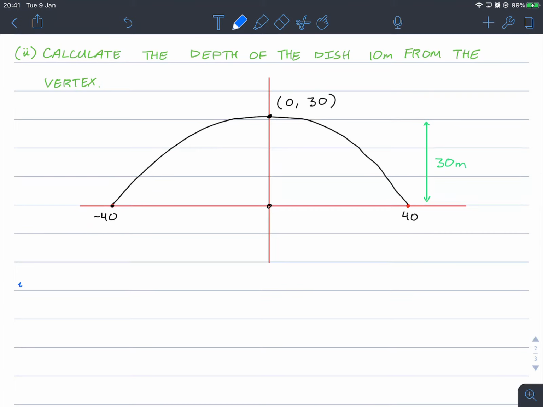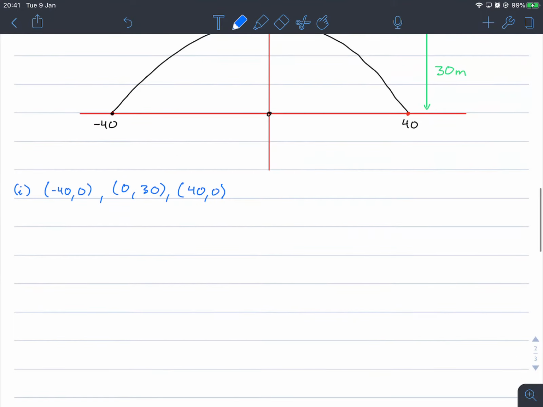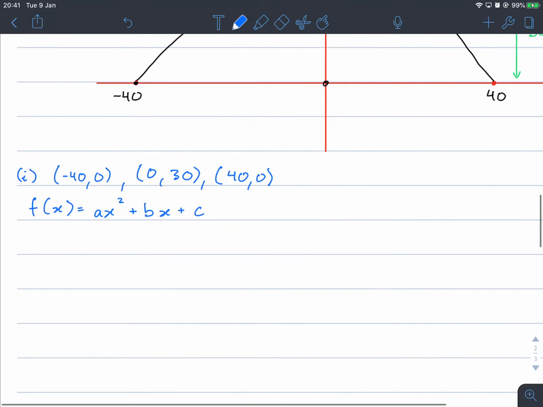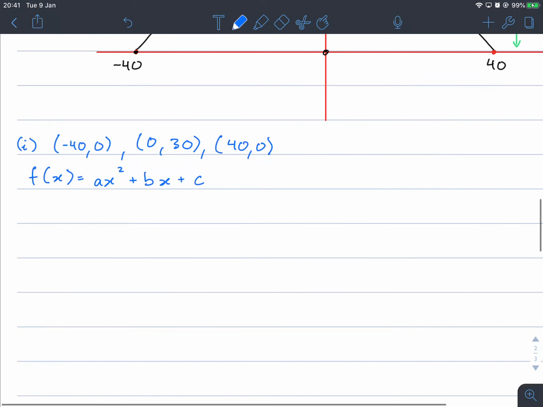Here's my solution to question 1i. We have the points negative 40, 0, because this point here hasn't moved up or down. We have the point 0, 30, and we have the point 40, 0. We're going to substitute this into our expression, f of x equals ax squared plus bx plus c. Okay, so let's substitute this each time.